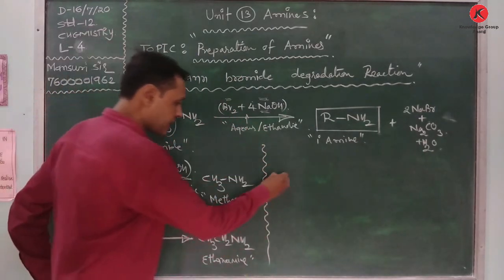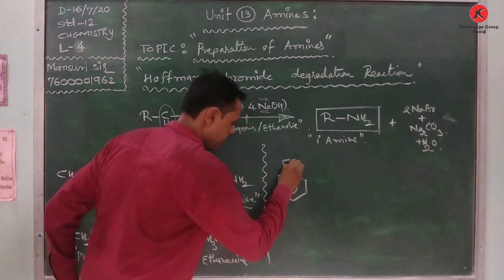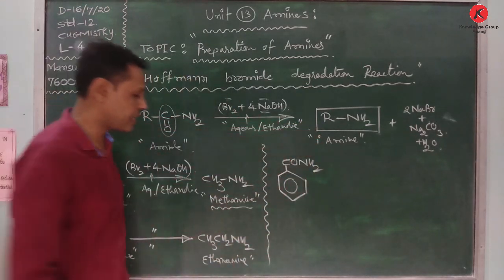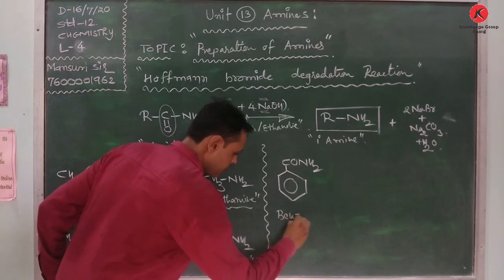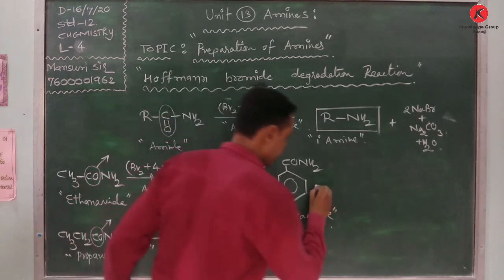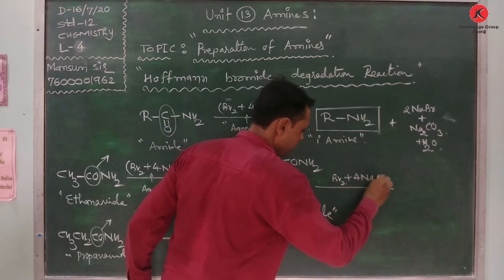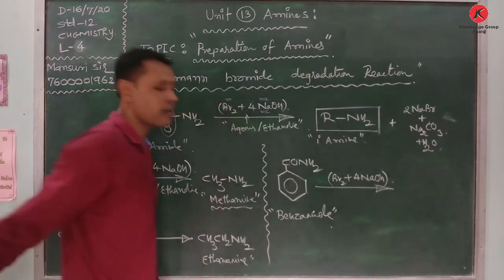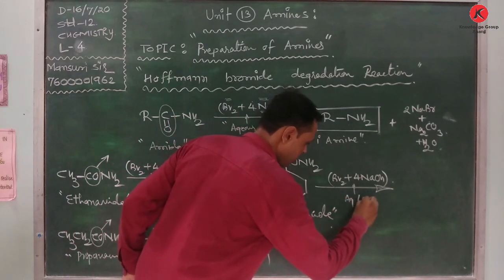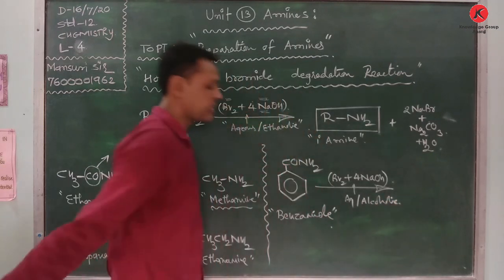Now here we will take an aromatic amide. This is my benzamide. Benzene and amide attach, that is benzamide. Benzamide reacts with the mixture of Br2 plus 4NaOH, which should be aqueous or alcoholic, ethanolic.